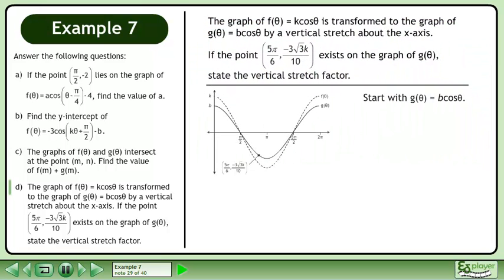Start with g of theta equals b cos theta. Plug in negative 3 root 3 k over 10 for g, and plug in 5 pi over 6 for theta. Cos 5 pi over 6 equals negative root 3 over 2.